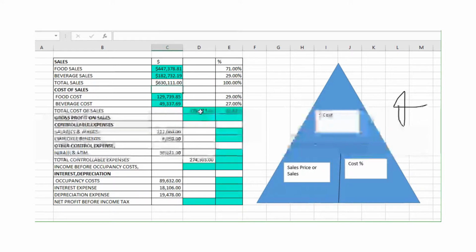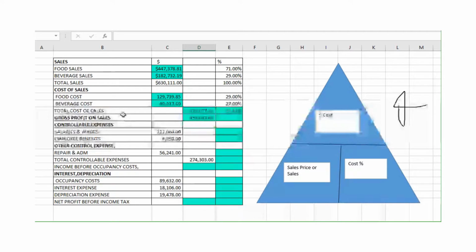Now we can calculate our gross profit, which is our total sales minus our total cost of sales. So we take our total sales minus our total cost of sales, and we get a gross profit on sales of $451,033.45.